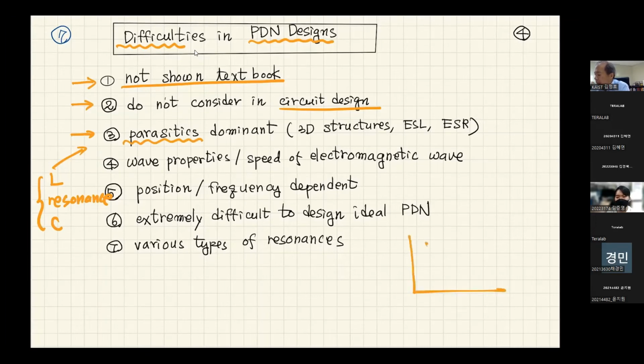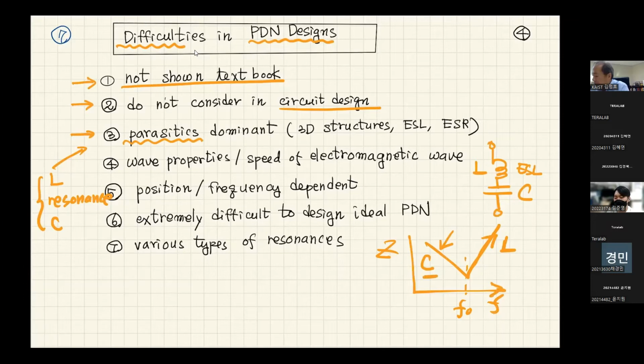Let's assume you have decoupling capacitors. Up to a certain point, the model of a decoupling capacitor may be like that. It may have equivalent series inductance and capacitance. Because of resonance, F0, after resonance the behavior is dominated by this parasitic L. Below this resonance, the impedance is dominated by capacitance. And this resonance frequency is usually about 110 megahertz.